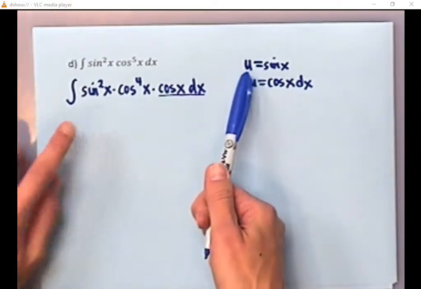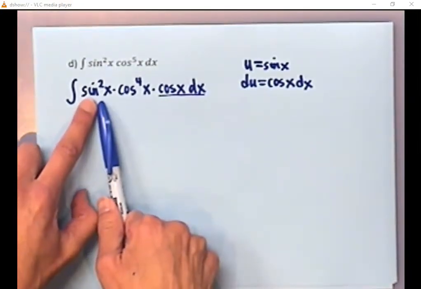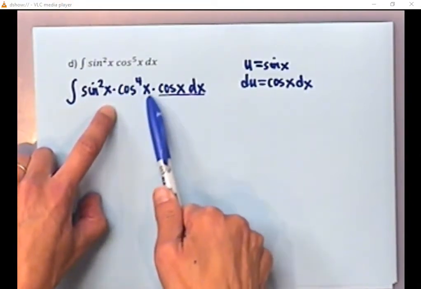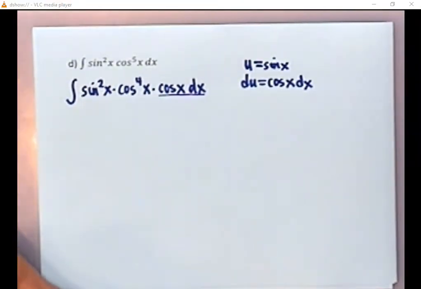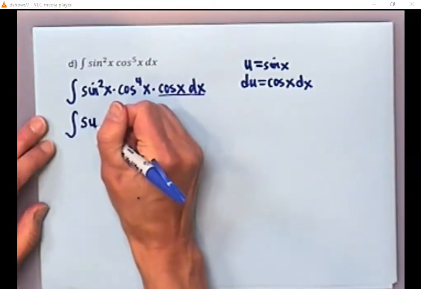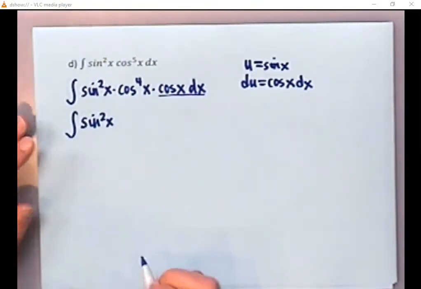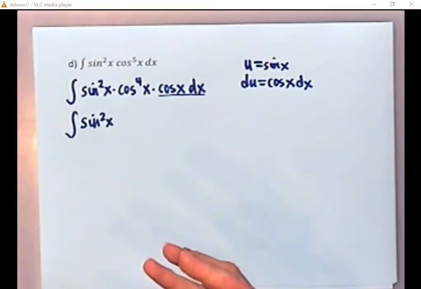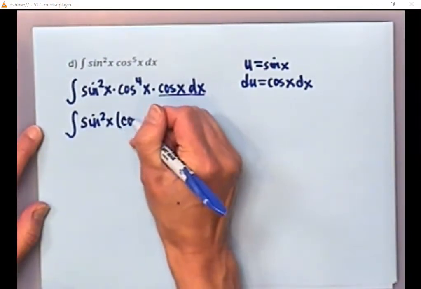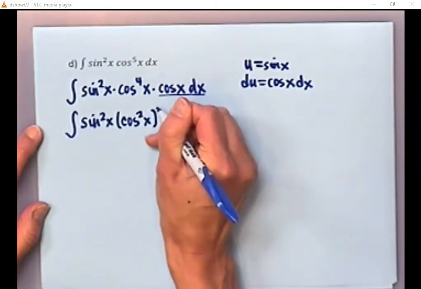So if I want u to be sine, well, it's no problem to substitute the sine squared, but I don't want to leave the cosine in there. I want to do a substitution for that too. So how could I change cosine to the 4th of x? Well, I can, right? Because cosine to the fourth is just cosine squared again, right? Squared squared. So what if we wrote it as this? Cosine squared squared.